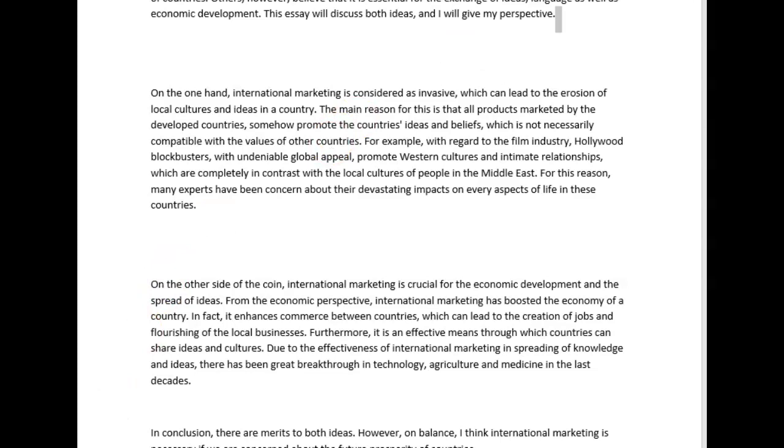Basically, while you develop the topic, I'm going to give you the benefit of the doubt here, because I was thinking to myself, well, Hollywood blockbusters, is that really a marketing tool? And I thought in the beginning, no, not really. But then I decided to give you the benefit of the doubt and say, okay, well, perhaps it could be considered a marketing tool.